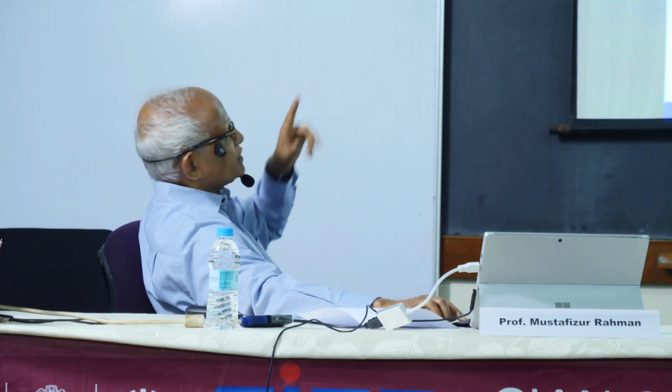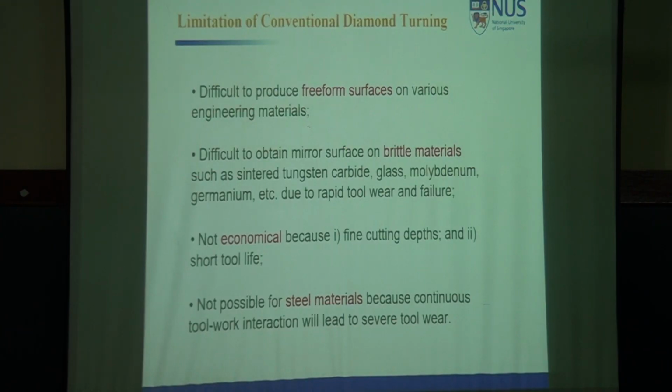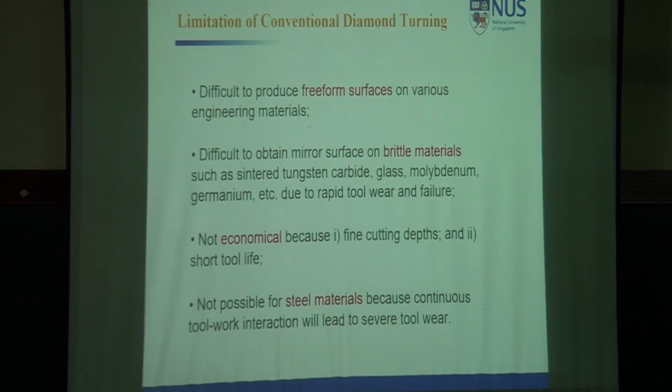Now, conventional diamond turning, I think briefly I discussed: it is very difficult to get free-form surfaces, and difficult to obtain mirror finish on brittle material, and not economical. But if you come up with new solutions, then all things can be done.